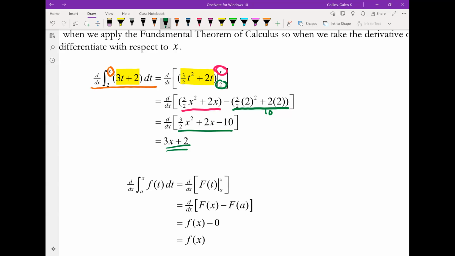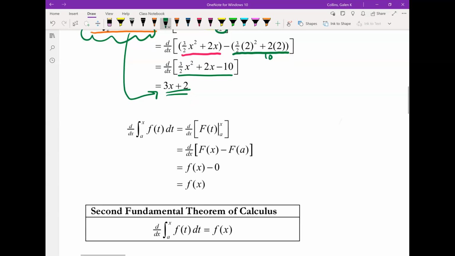What we can do instead is realize that when we take the derivative of an accumulation function, like that's what we're doing in this process, if we just have the variable x as our upper limit of integration, essentially this all just becomes 3x plus 2. So the derivative and the integral undo each other, and that dummy variable gets replaced with x.